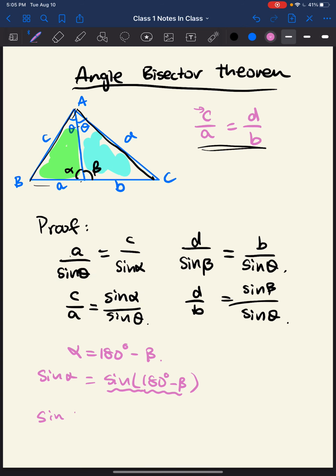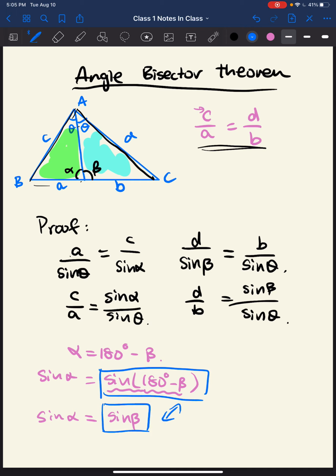So sine alpha should equal sine beta. What I mean is these two parts, this part and this part, should be equal. In general, this is the rule that I use. I will just write it out: sine of 180 minus beta equals sine beta. This is always true.